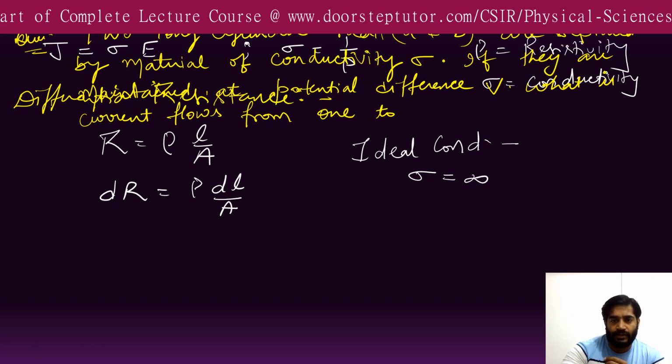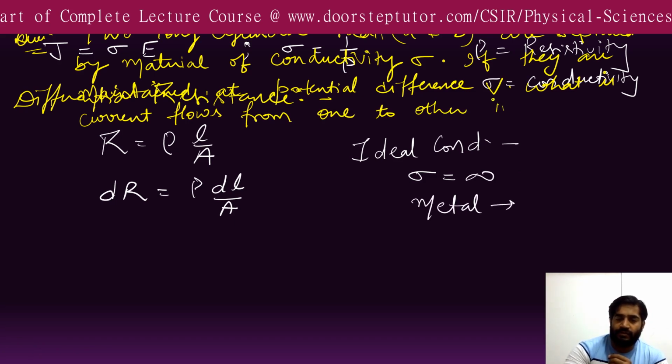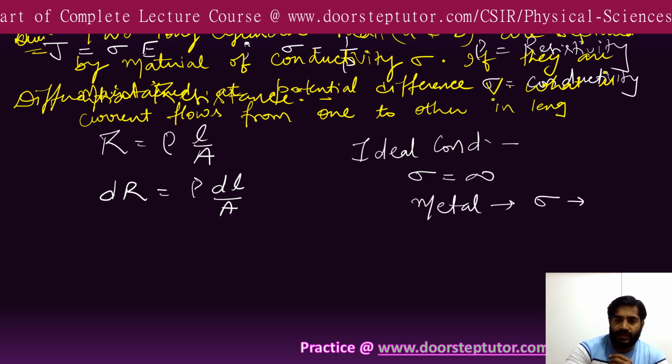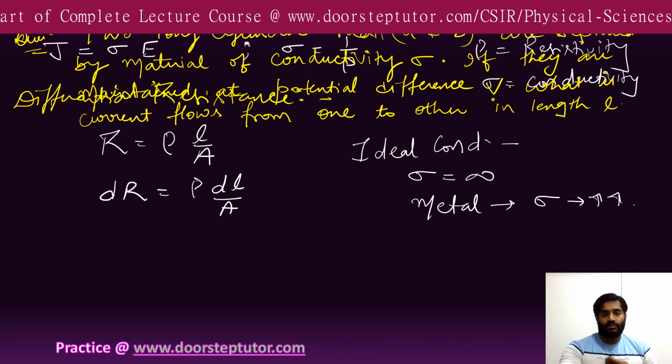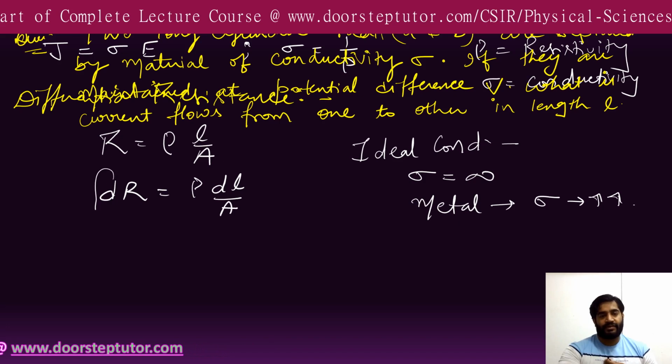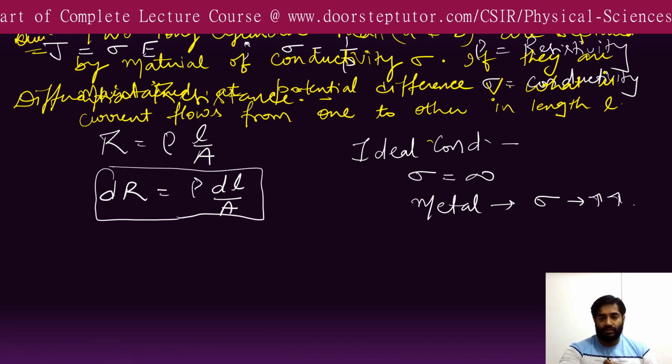Okay, for an ideal conductor it is infinite. And what about metals? If we have metals, then sigma is very high. Fine. Why do we find this differential resistance? Because it's going to be useful in numerical problems. Okay, that's why.